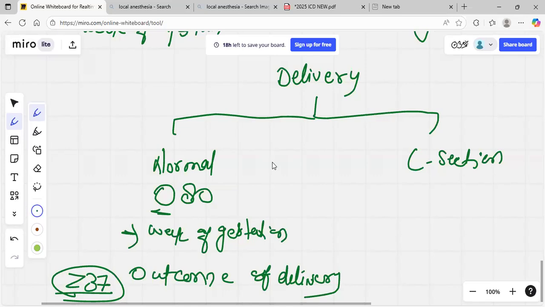Now let's move further. Let's say the patient is coming for a complicated pregnancy and the doctor needs to do the C-section. So your first code will be the condition which leads to the C-section, the reason for the C-section.